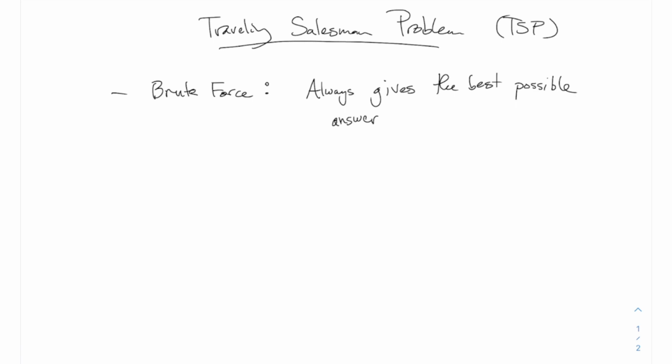That's a good thing, but it is basically impossible to do on any realistic sized example. Way too many things to check. Takes forever. Even if you're using a computer, this is not the way to do it in the real world.